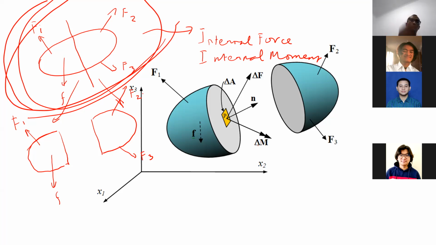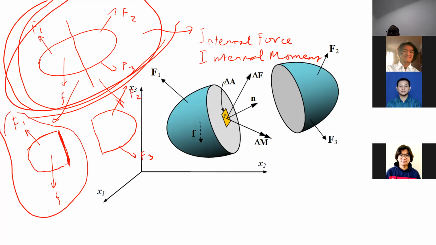But after you do that section, at the section part right now, we have to do something in order to ensure that the left free body diagram is in equilibrium condition.